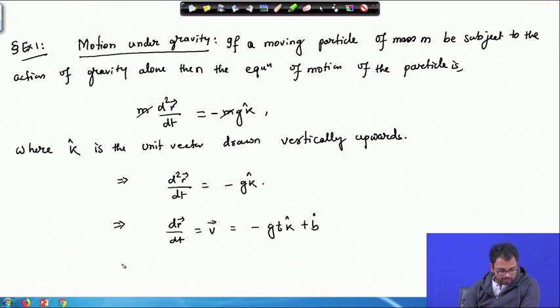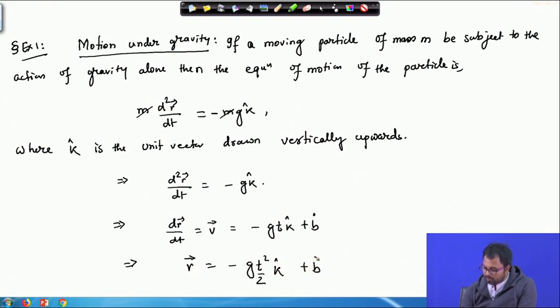If I integrate again, r equals minus g t square by 2 times k plus b t plus some vector c. Let me call these equations 1, 2 and 3.